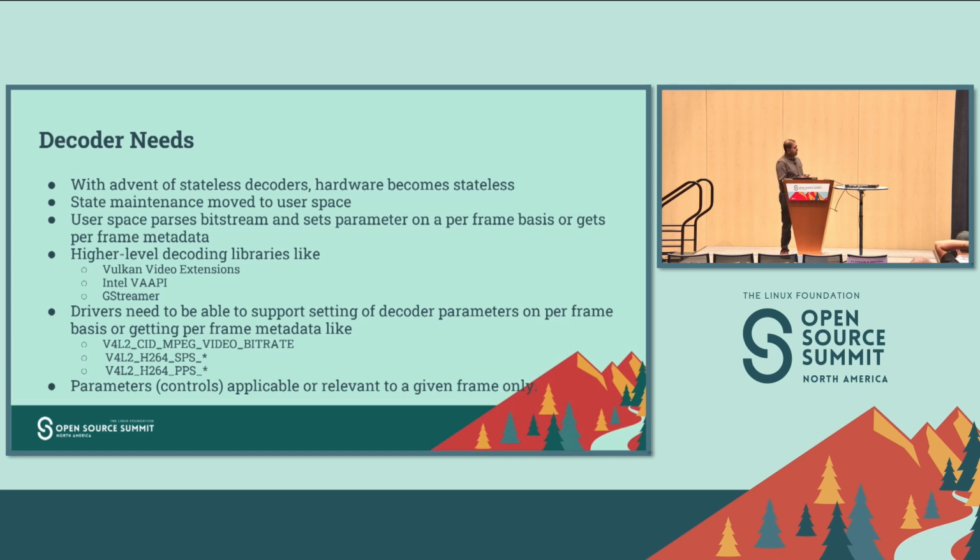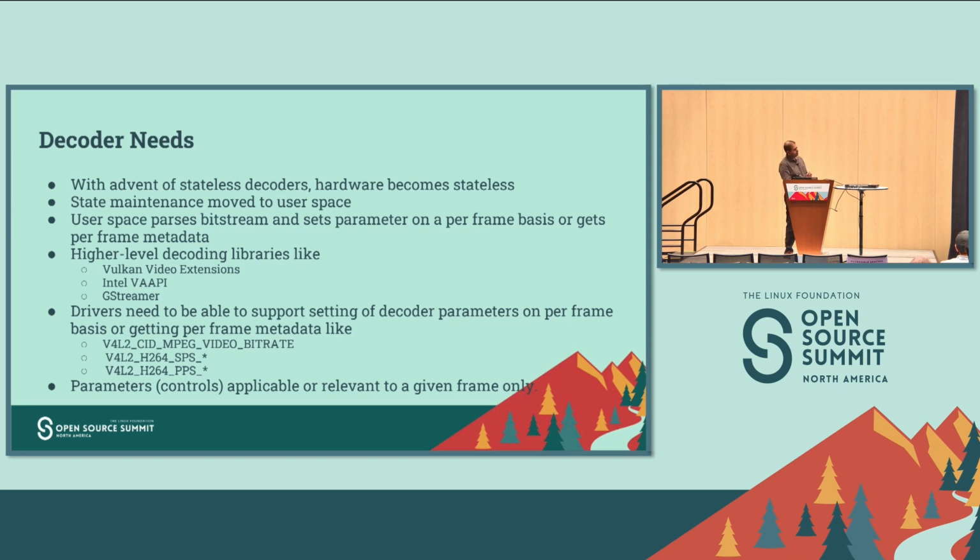There are high-level decoding libraries. The ones I could find are Vulkan video extensions, Intel VAAPI, and GStreamer. These software frameworks in user space are capable of doing state parsing in user space. But in order for this to work with hardware that is stateless, drivers need to be able to either do per-frame settings or receive per-frame metadata.